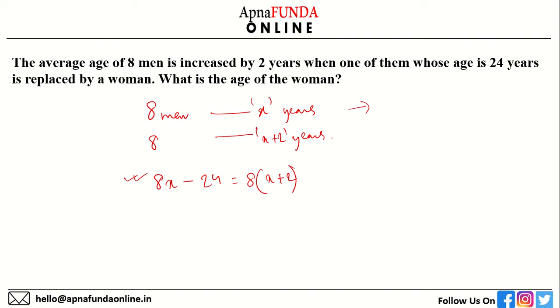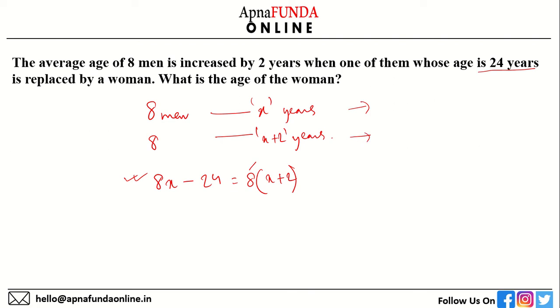When 8 men had an average of x years, the total is 8x. A 24-year-old man got replaced, so minus 24. This is equal to 8 into (x plus 2), because the average increased by 2 years. So now the total age is 8 into (x plus 2).